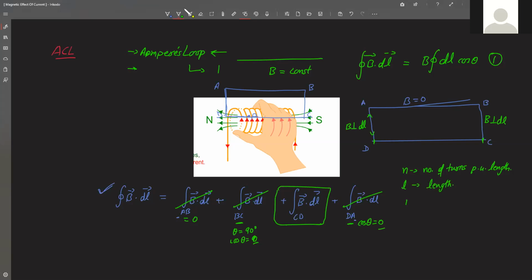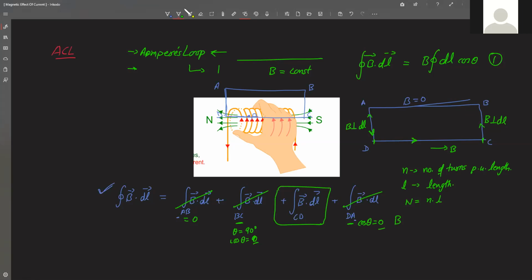So total number of turns will be how much? n into L. Okay. Now what do we have? We have this. And what about the angle between DL and B? Suppose we are moving in this direction, then DL and B are in the same direction. We'll move in such a way that DL and B are in the same direction.